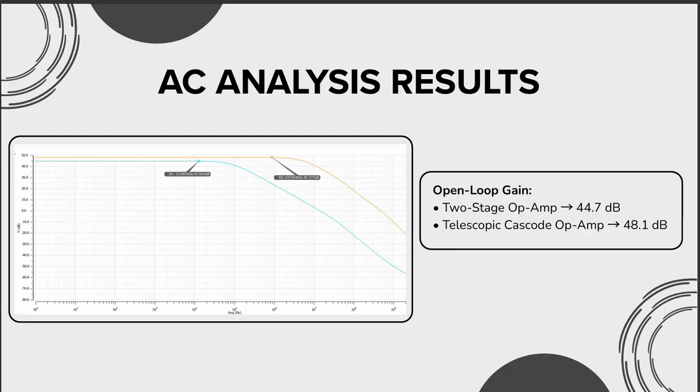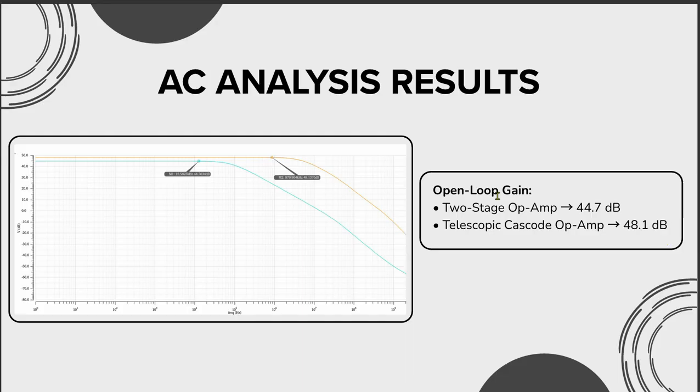From the AC analysis, I observed the following results. The two-stage OpAmp achieved an open loop gain of 44.7 decibels, and the telescopic cascode OpAmp achieved 48.1 decibels. This higher gain in the telescopic OpAmp design is because of cascode transistors, which increase the output resistance and hence the overall gain.